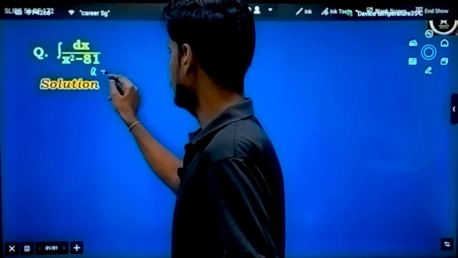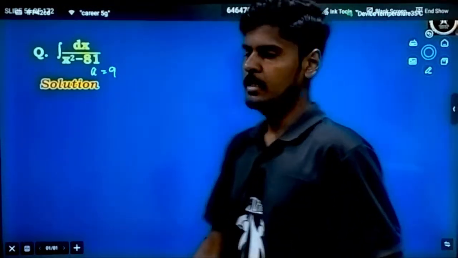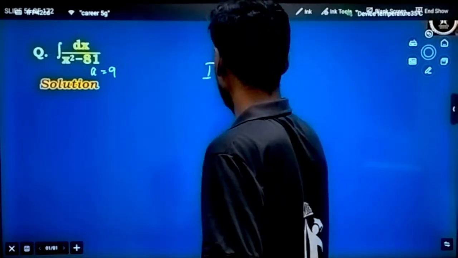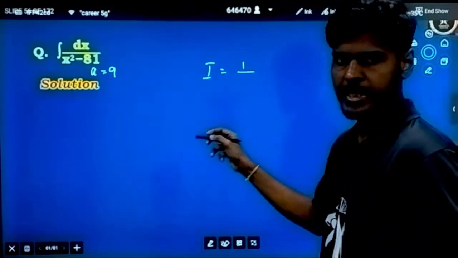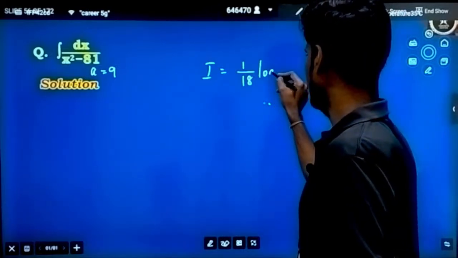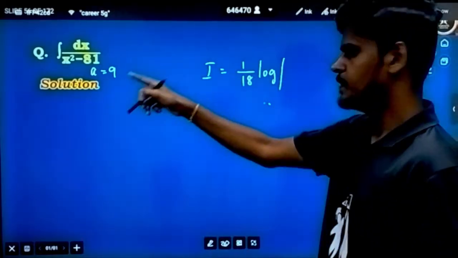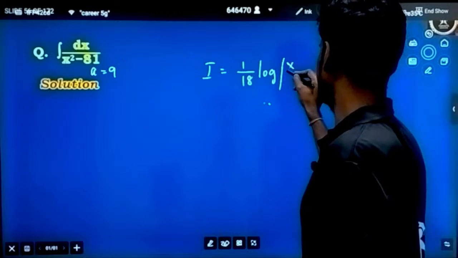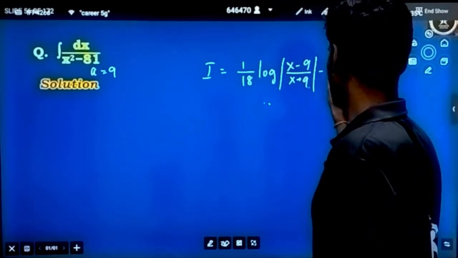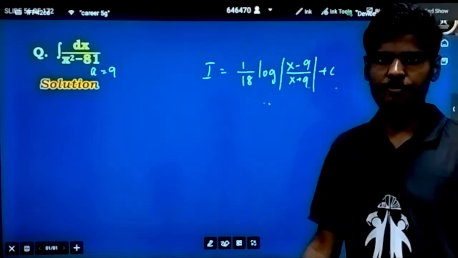The integral value will become 1 by 2a, 2a is 18, log of modulus x minus a by x plus a, that is x minus 9 by x plus 9. Easy question, plus constant of integration.